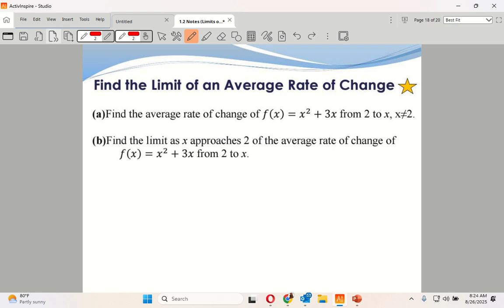That means that this is going to be my x1 and this is my x2. Those are going to be my inputs in this. So on the bottom, it's going to be x minus 2, right? That's the bottom. That's the change in my x.